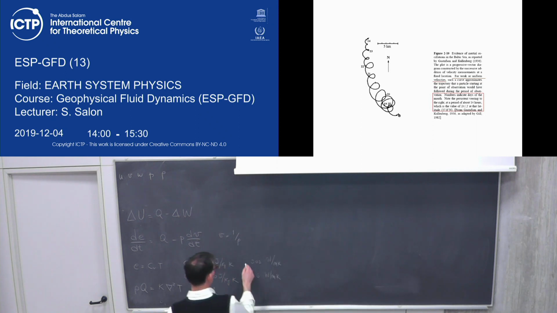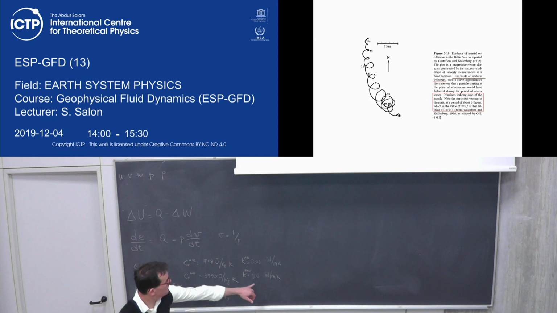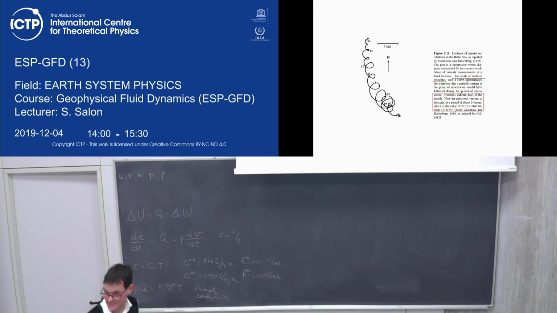Okay, so this is K air and K seawater. So this is 30 times larger than this one. Okay, so it means, of course, that water has a better insulation property than air. Okay, clear.